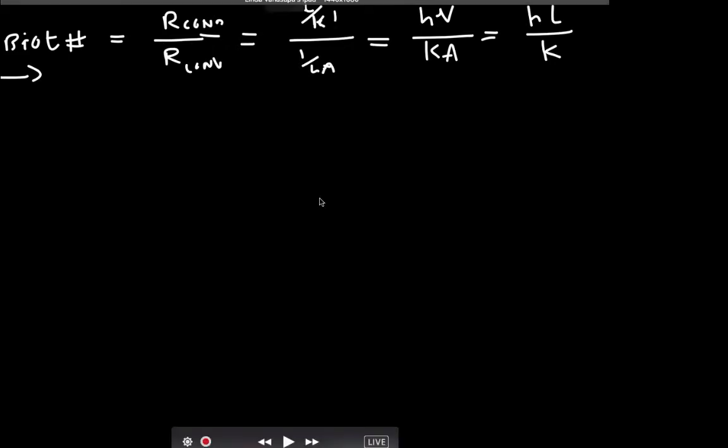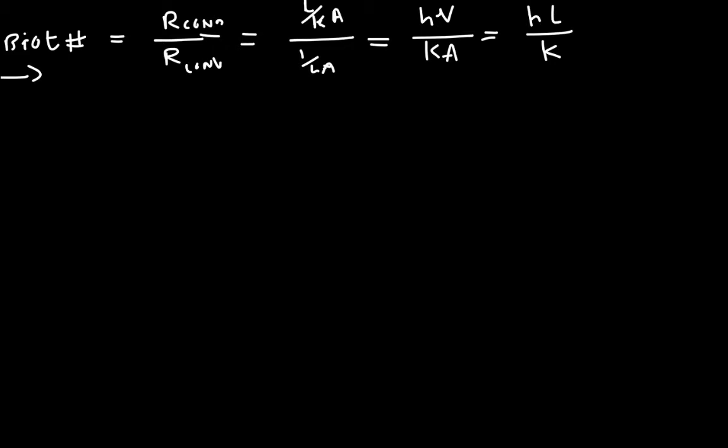I'm missing an A term here. Your textbook or the FE reference uses this form, but this is a very legitimate form as well, because the volume is equal to the area times the length. So in this case, once we know the Biot number, if it is much greater than 1, then what we know is that conduction dominates, or it's slower.